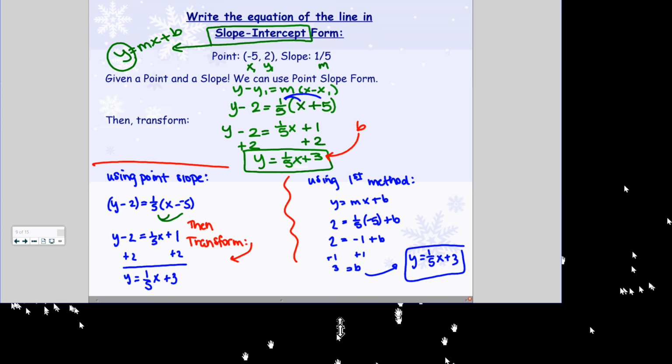So what I have here is the method I just showed you on the left, and then this over here is how we were doing it before we had learned point-slope form, just to prove that both give us the same equation. Later in this unit, you'll be allowed to use the method that you find works best for you. Today, though, we're going to push ourselves to use point-slope form, and a lot of you will find that this is a much nicer equation form to use when appropriate.